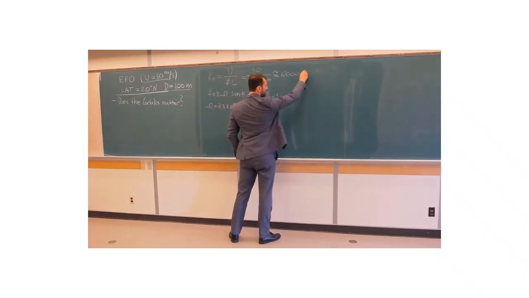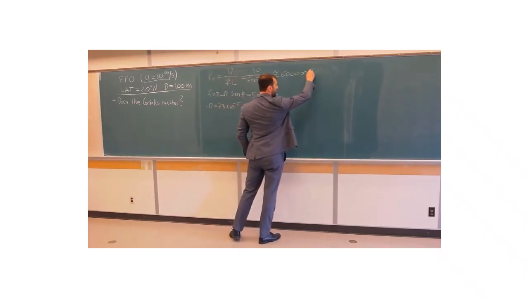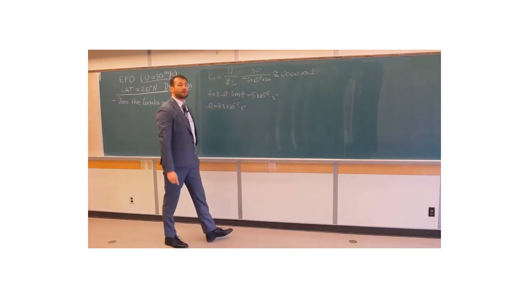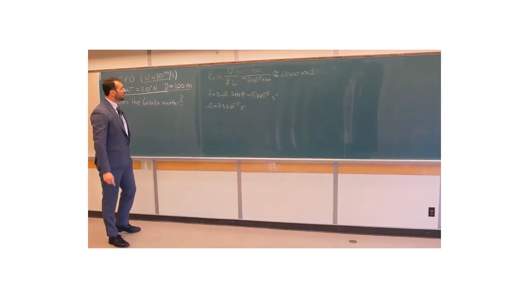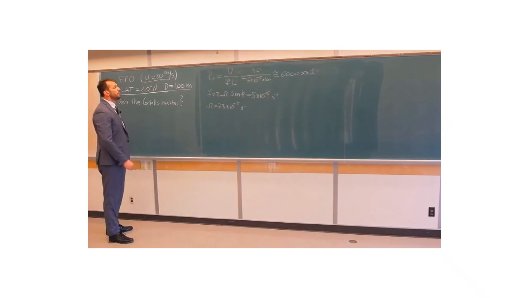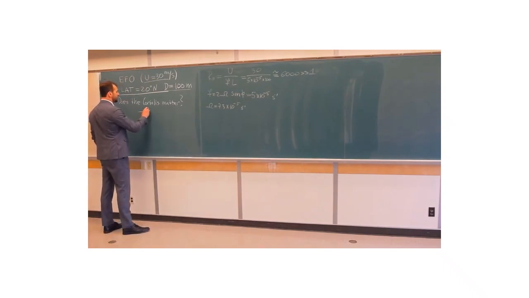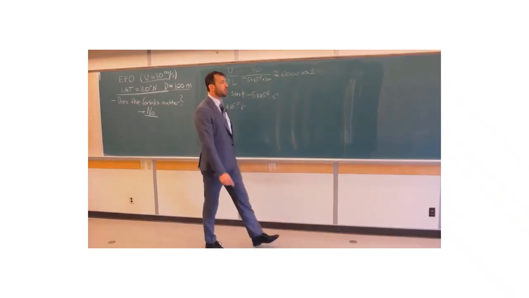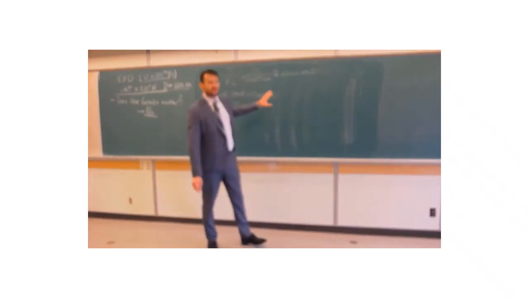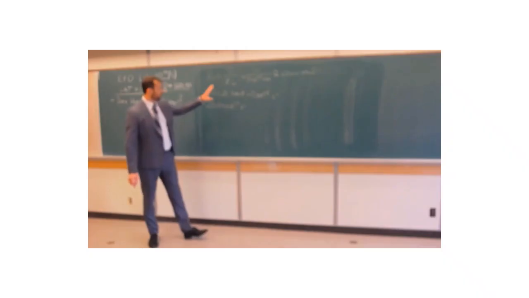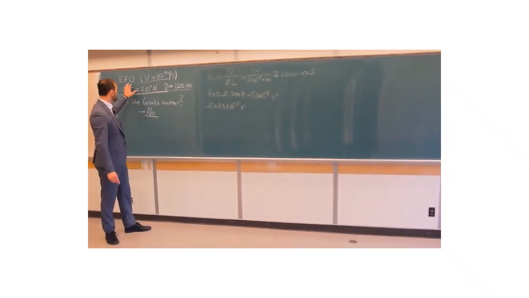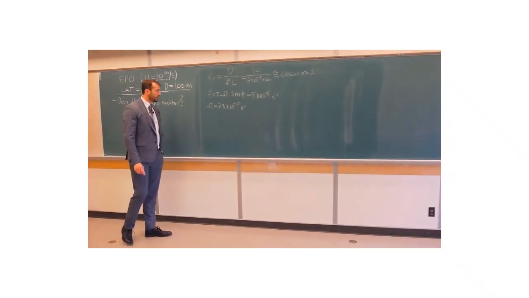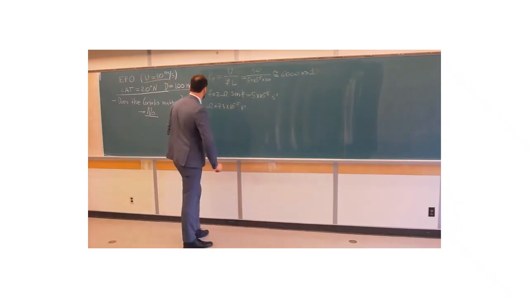And 6,000 in my books is much larger than 1, which means that the Coriolis force is completely not important in this tornado. So the answer is no. The Coriolis force does not play an important role in the dynamics and kinematics of the flow field in this weak EF0 tornado.